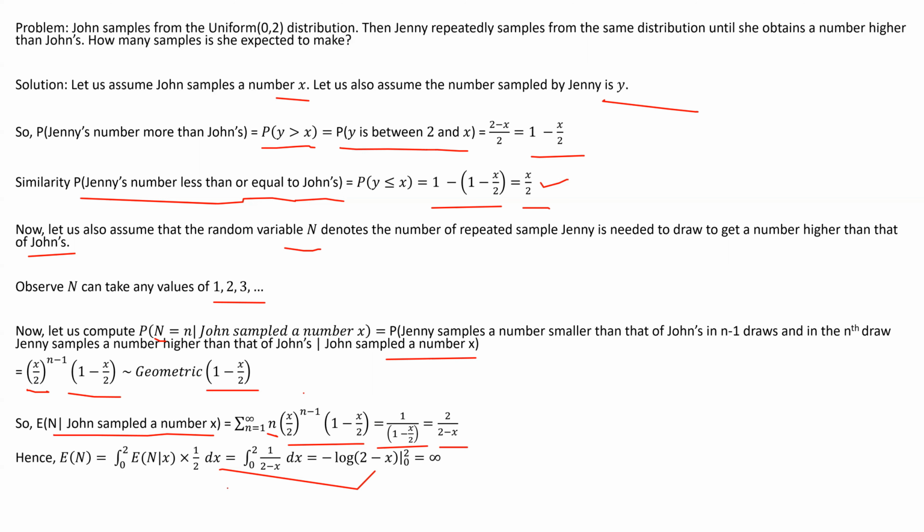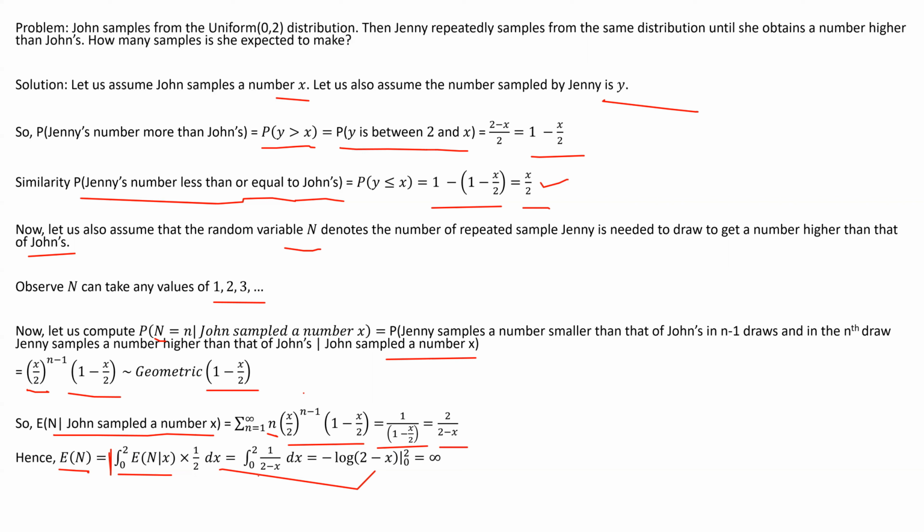Now in the next step, we are going to calculate this expected value of N, and we will take out the condition that John has sampled the number X. The way to do it is to still use the conditional expectation of N given X, that John has chosen the number X, and then the probability with which he can choose the number X, which is basically half, and then integrate out this X value over the entire horizon of the values that X can take, which is 0 to 2.